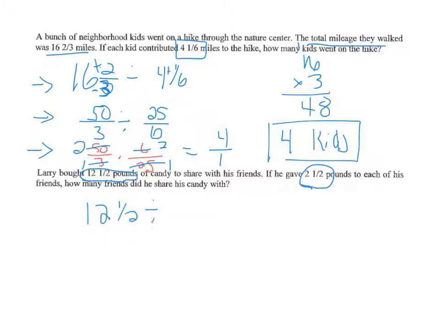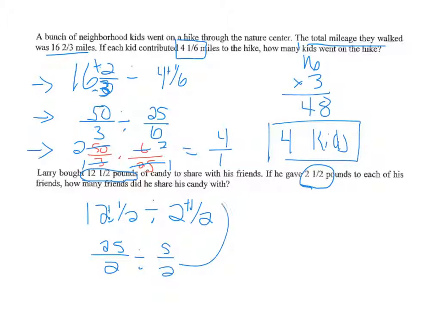So we're going to write this as he had 12.5 pounds, and we're wondering how many times does 2.5 pounds fit into that? So first we have to change to improper. So 2 times 12 plus 1. 2 times 12 is 24, plus 1 is 25 halves, divided by 2 times 2 is 4, plus 1 is 5 halves.